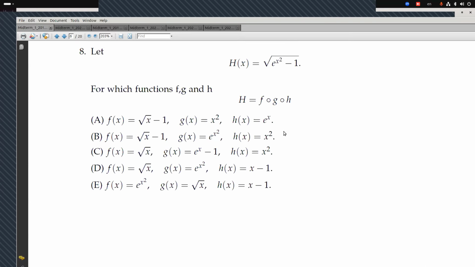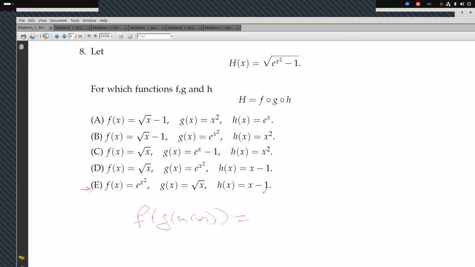Some exercise about the composition of three functions f, g, h. We have to pick three functions such that the composition gives the exponential of the root of x squared minus 1. Let me just try the last one. So what is going to be f composed with g composed with h?